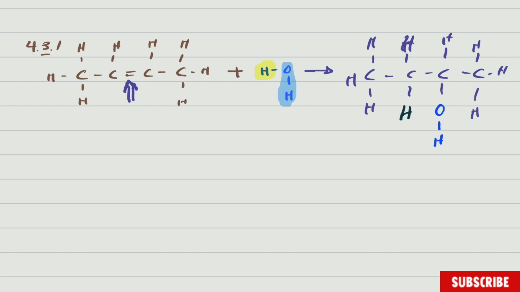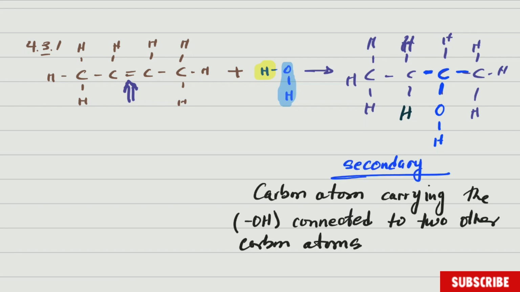The question is about the type of alcohol. You can see that the carbon that is bonded to the OH is bonded to two other carbons. Therefore this one is a secondary alcohol. So what we have to say is: secondary alcohol, because the carbon atom carrying the OH is connected to two other carbons. Guys, it is shown here in the structure. You can see it quite simply.